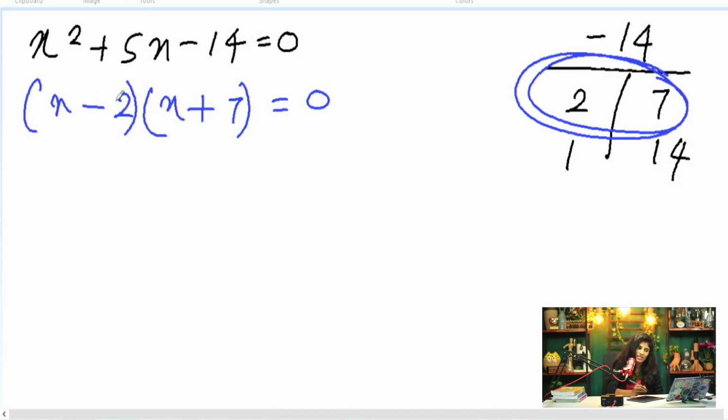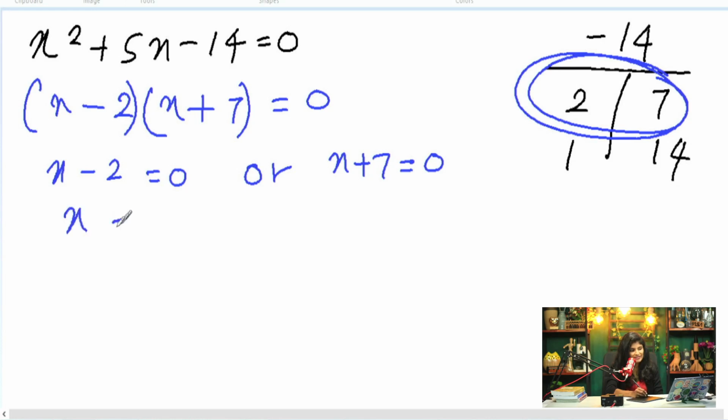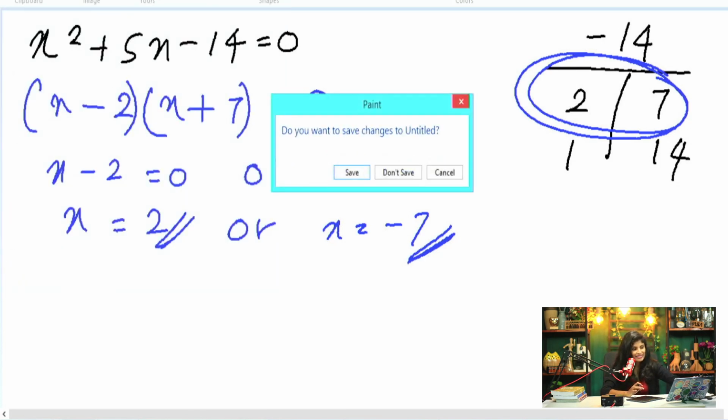The smaller number must be negative. Very easy. So x minus 2 equals 0 or x plus 7 equals 0. That means x equal 2 or x equal negative 7. That's it.